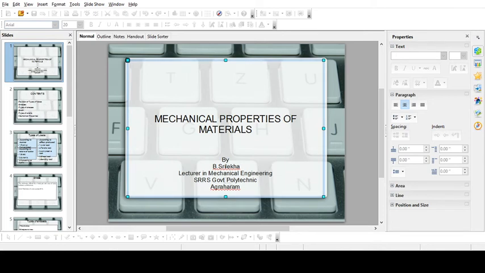Next comes fatigue strength. Fatigue strength is the maximum stress under varying loads at which the material will operate without failure. We have already discussed that when you go on increasing the loads, initially it works as an elastic material, then it starts behaving like a plastic material before it fails.